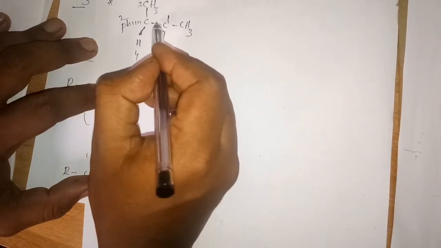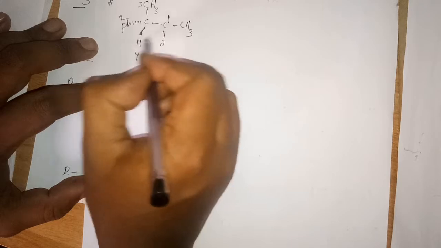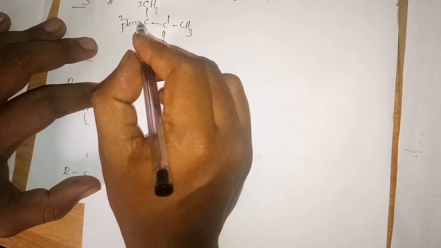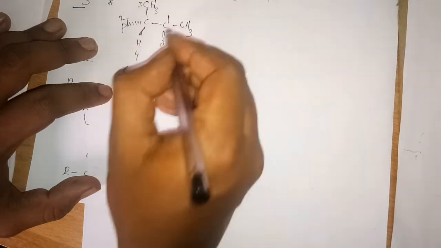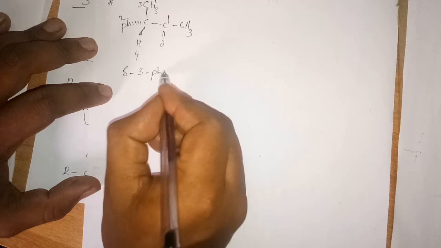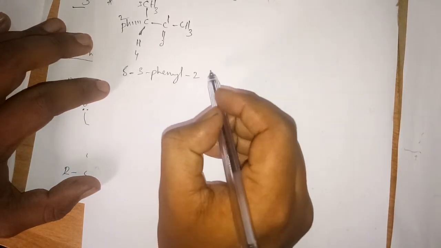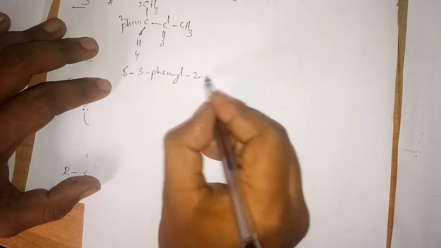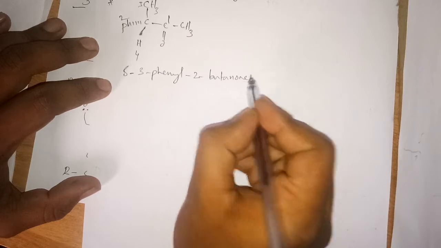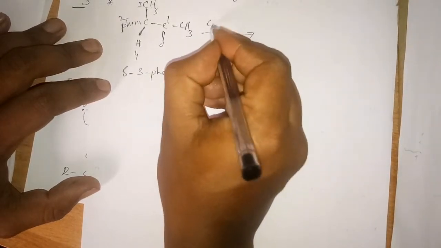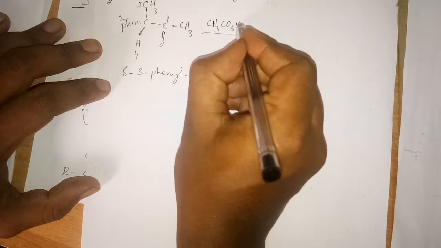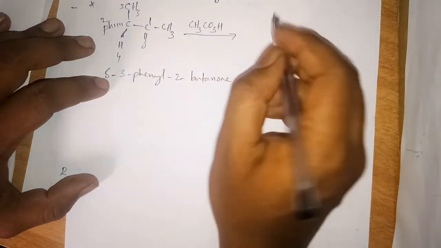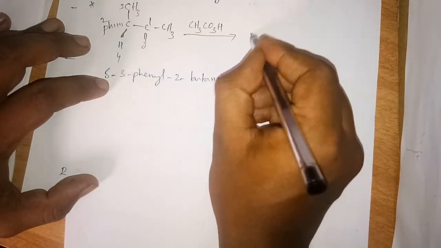So you will get the anticlockwise direction, therefore S. This is S-3-phenyl-2-butanone. Use peracetic acid.